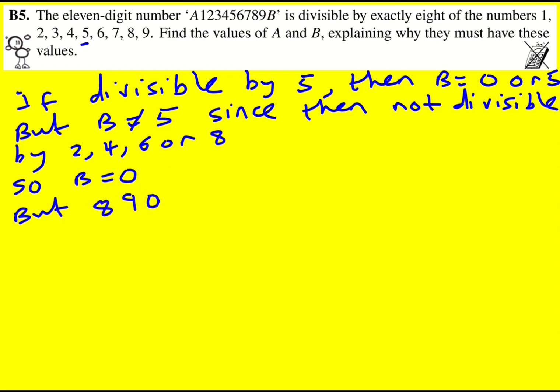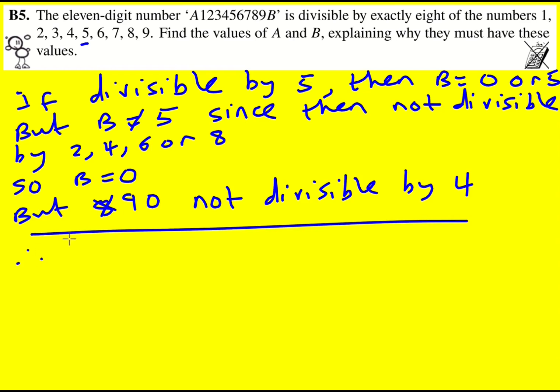And you only have to check the last 2 digits to be divisible by 4. So in fact, I only need to check 90. 90 is not divisible by 4.